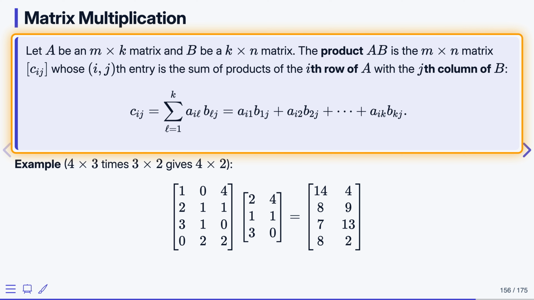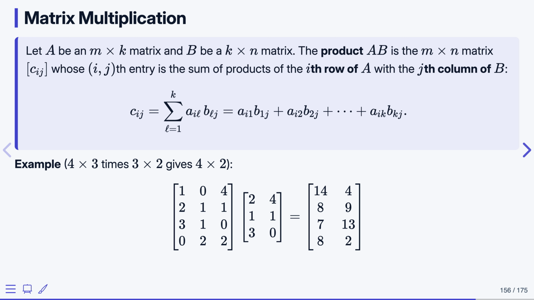To get C sub ij, take the ith row of A and the jth column of B, multiply them position by position, then add all those products. In symbols, C sub ij is the sum over l from 1 to k of a sub il times b sub lj. The example is a 4 by 3 times a 3 by 2, so the answer is 4 by 2. We work its entries out on the next slide.